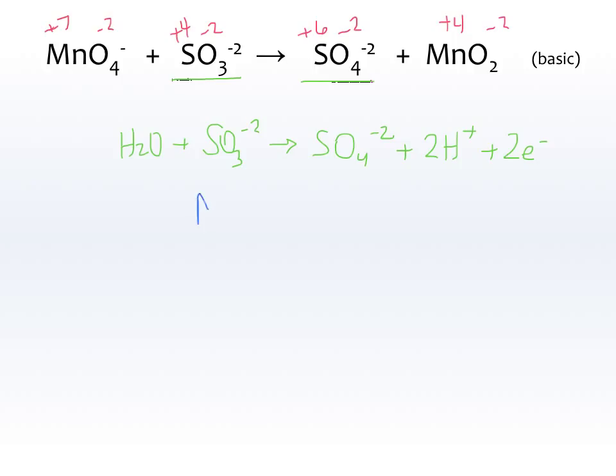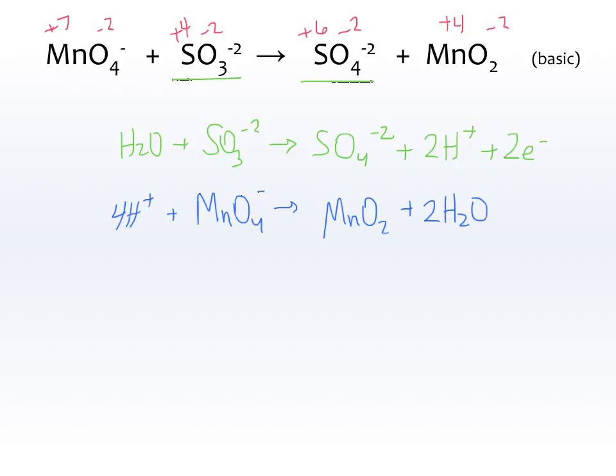We have MnO4 minus on the left and MnO2 on the right. First thing is manganese. 1 on the left, 1 on the right, manganese, good. Then oxygen. 4 on the left, 2 on the right means add 2 waters. 2 waters has 4 hydrogens in it, so 4 hydrogens get to be added to the other side.